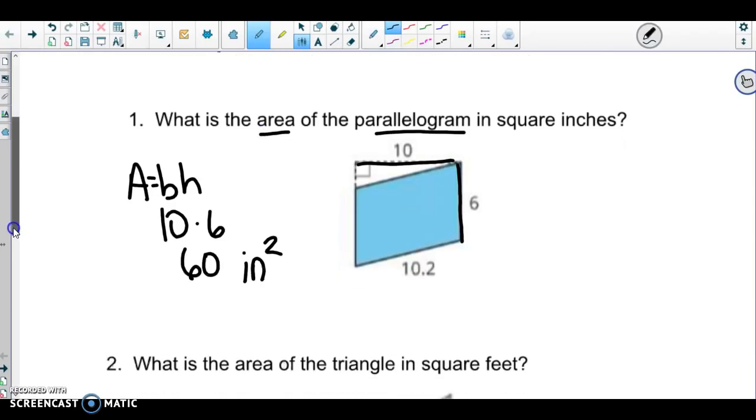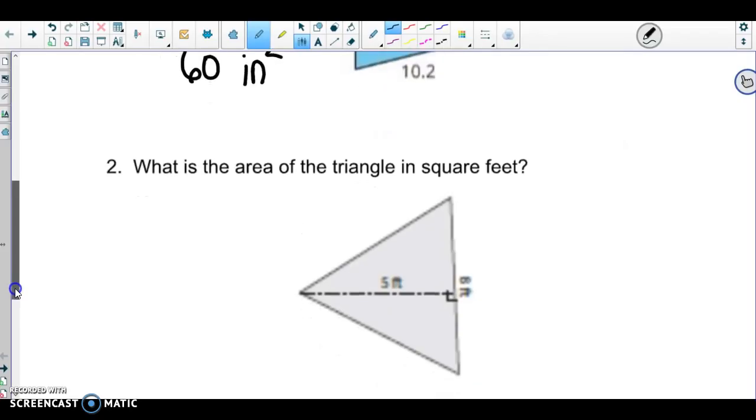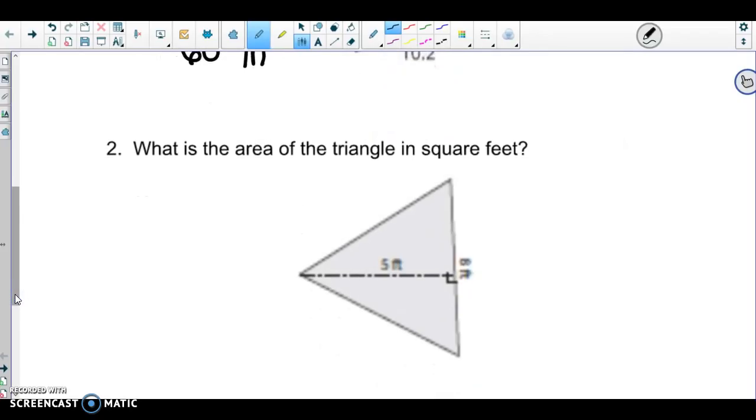Okay. Number 2, what is the area of the triangle in square feet? If I look at my star chart for my formula for a triangle, I have area equals 1/2 base times height. We're multiplying by a half. Some of us wrote down area equals base times height, and then we divide by 2, because a half is the same thing as dividing by 2.